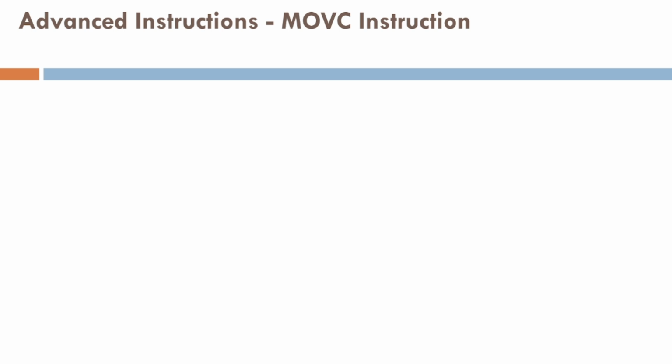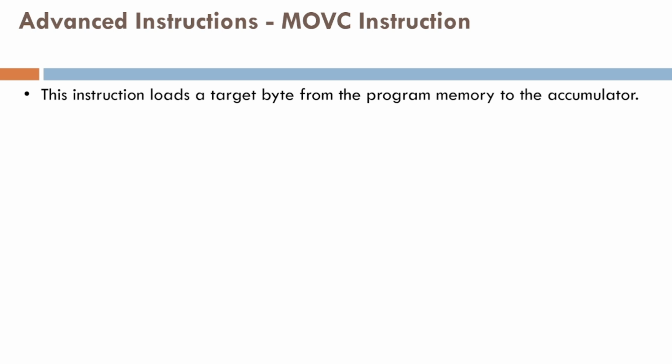Now, MOVC loads the target byte from the program memory to the accumulator. So there is a target byte which is available in the program memory and it is loaded into the accumulator.